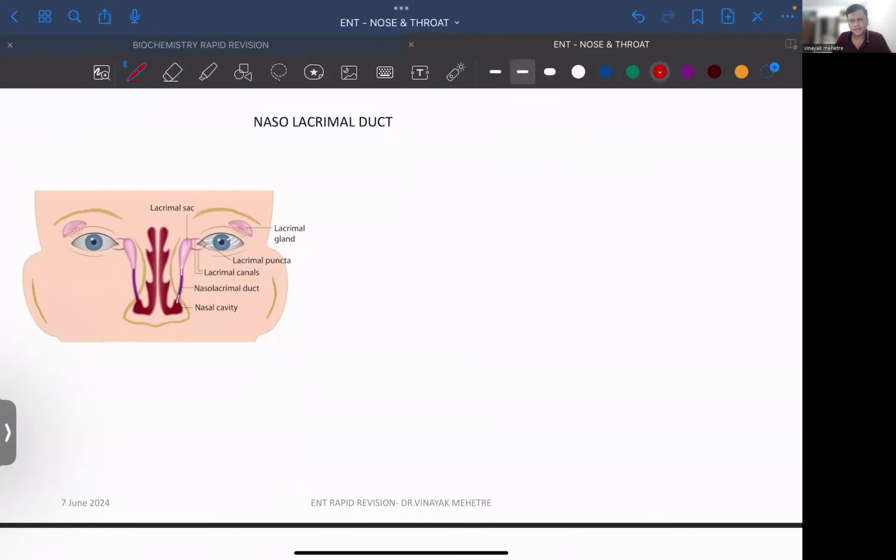Nasolacrimal duct. Recent question. What is the direction of the duct? Anyone? That is downward, backward, and outward.